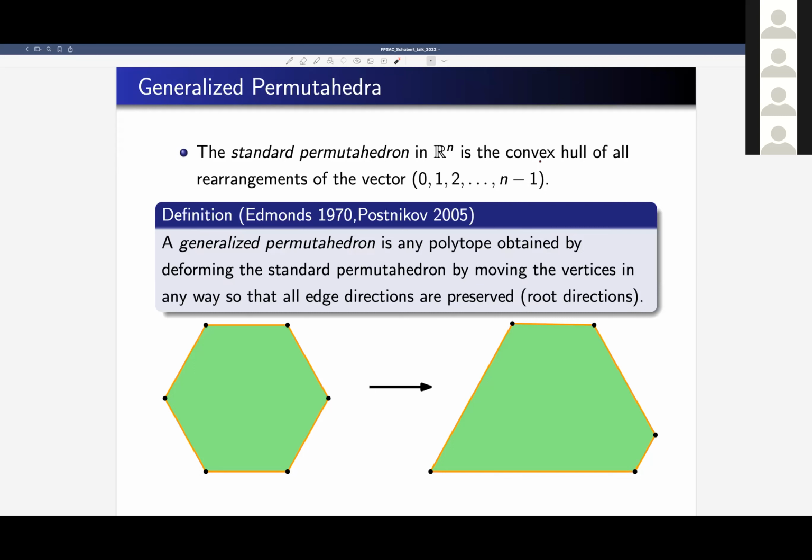And then Postnikov sort of rediscovered them and reintroduced them to the algebraic combinatorics community under the name of generalized permutahedra, since they generalized permutahedra, like the regular permutahedron where you just permute the components of a vector and take the convex hull. That also has edge directions e_i minus e_j, and here the vertices no longer are of that shape, but the edges are all in the direction e_i minus e_j.